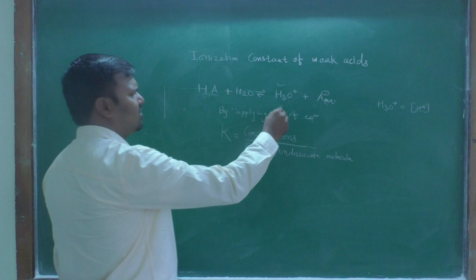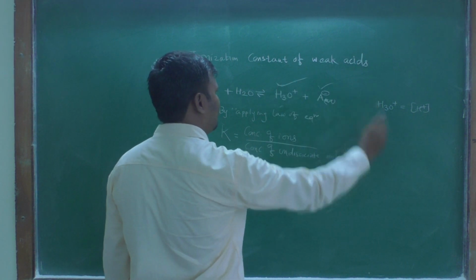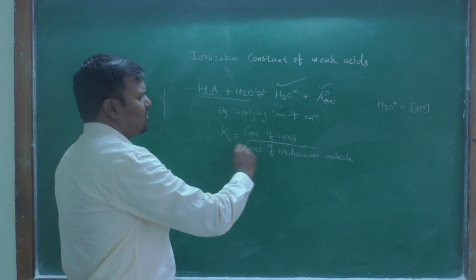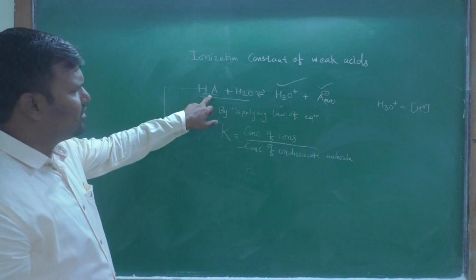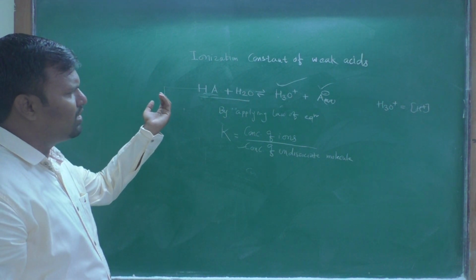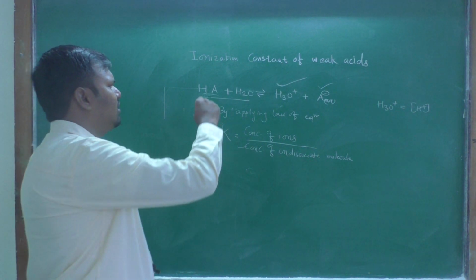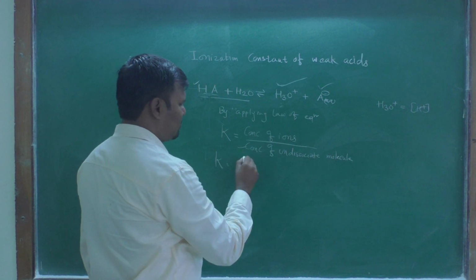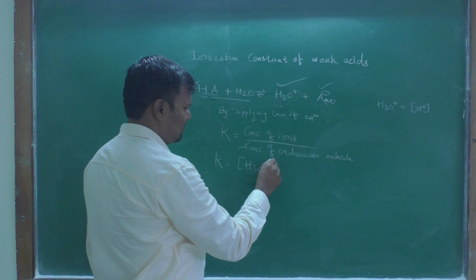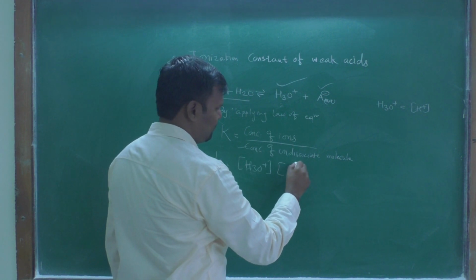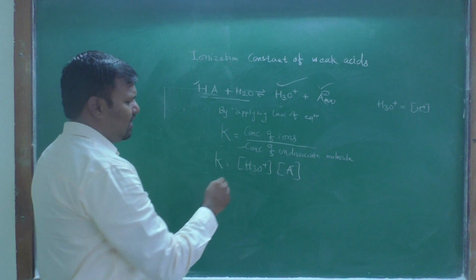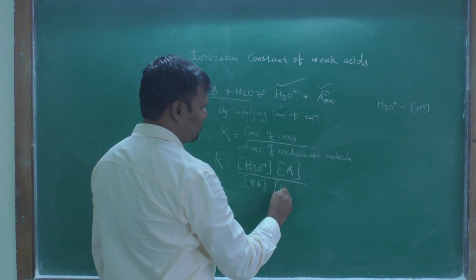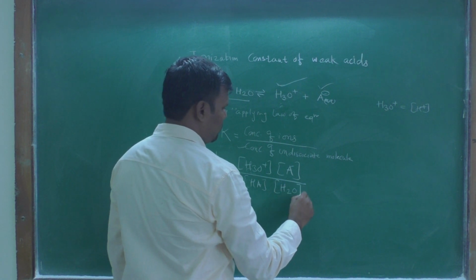Therefore, the ions in this case are H3O plus and A minus, and these are the ions, and HA is the undissociated remaining part. Therefore K is equal to the concentration of H3O plus and A minus, divided by the concentration of HA and the concentration of H2O.